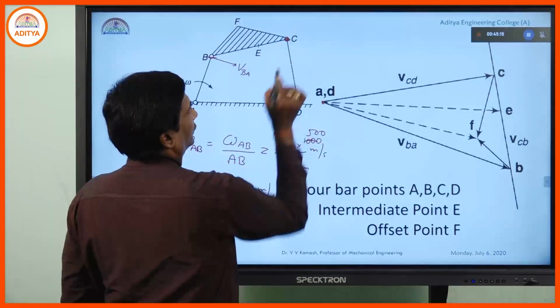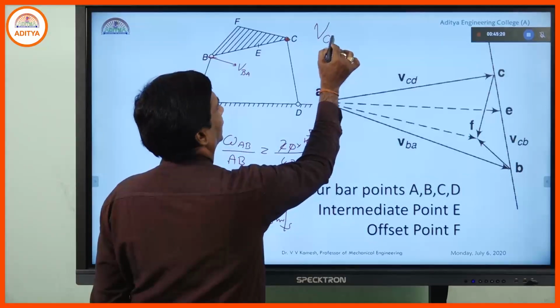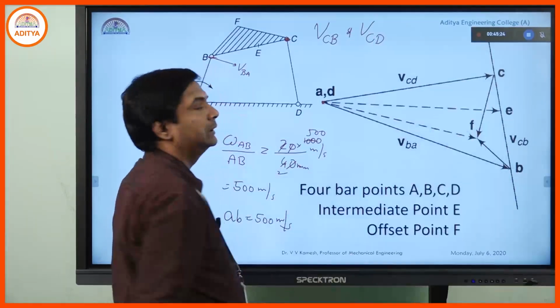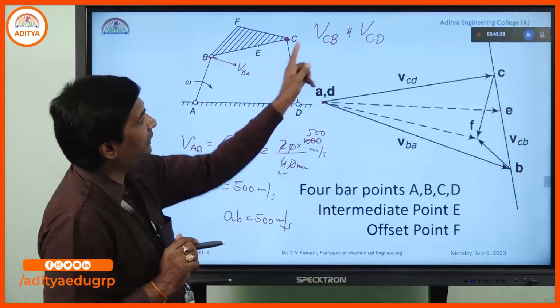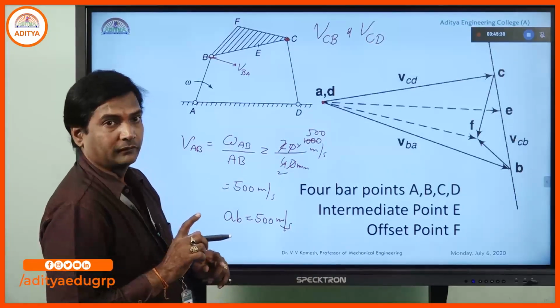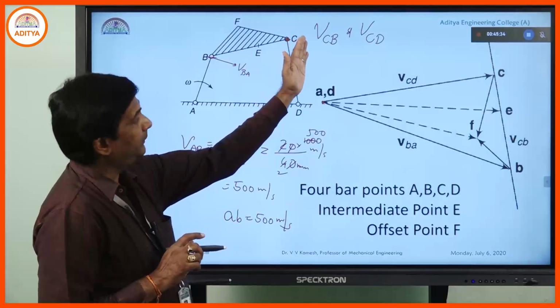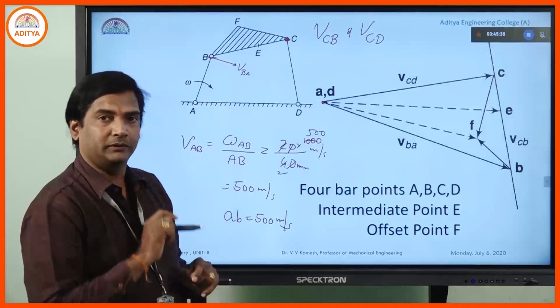C is a common point for the two velocity profiles, velocity of C with respect to B and velocity of C with respect to D. Now, if you draw the velocity lines of VCB and VCD, they will intersect at the point C.